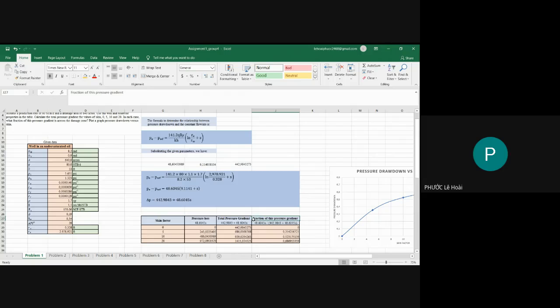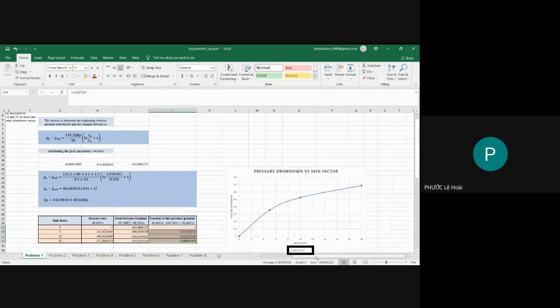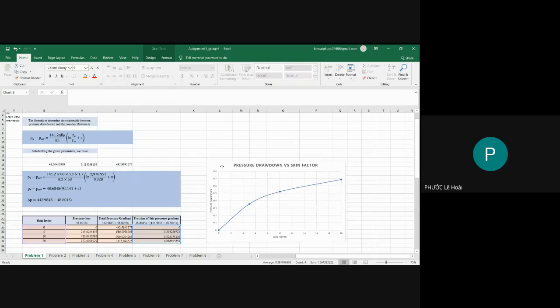To calculate the fraction of the pressure gradient, we will use the pressure loss, then divide by the total pressure gradient, and we will have these numbers. And move to the graph here.